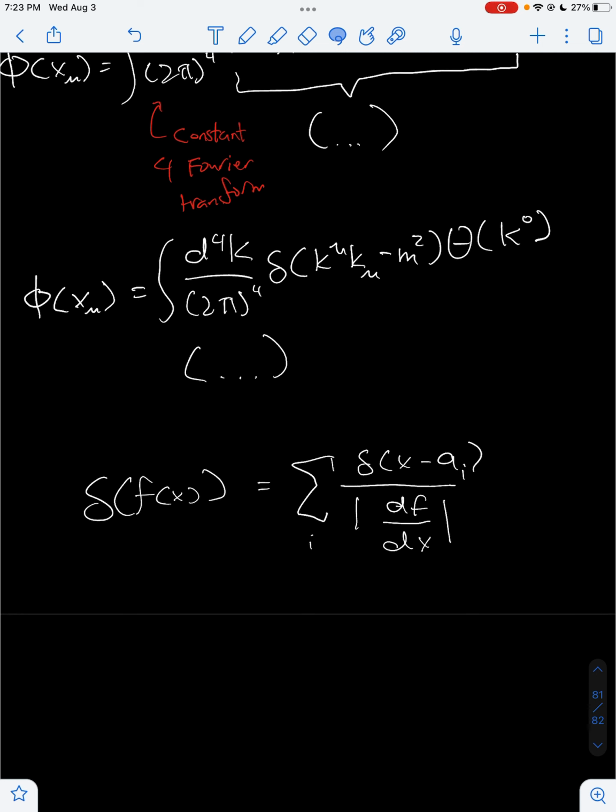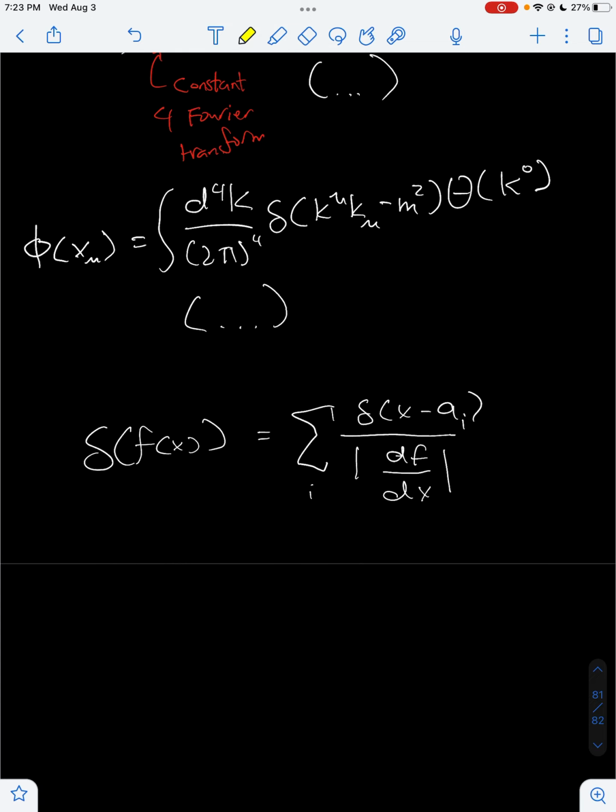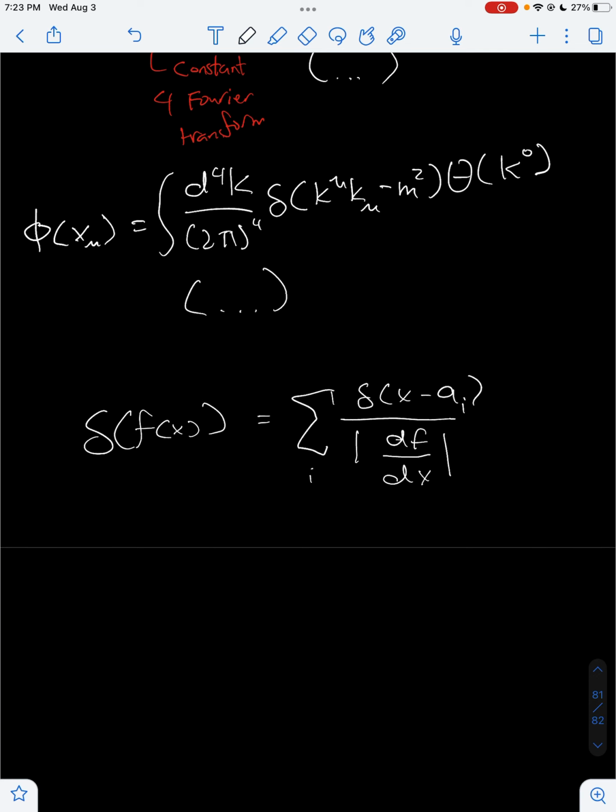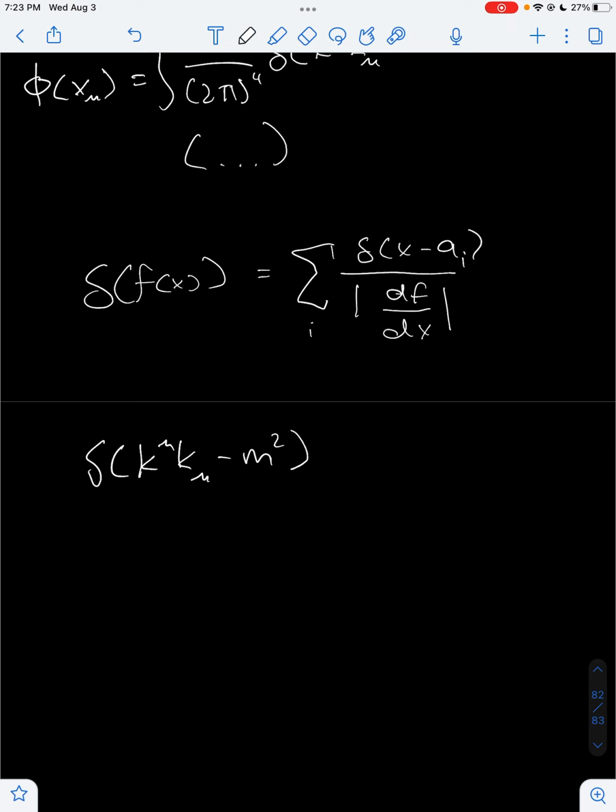So first of all, let's expand. Let's just look at this term over here. We're going to solely look at the delta function. So we can expand k mu as just k naught minus the sum of ki minus m squared, right?